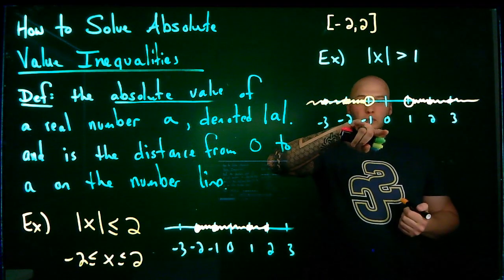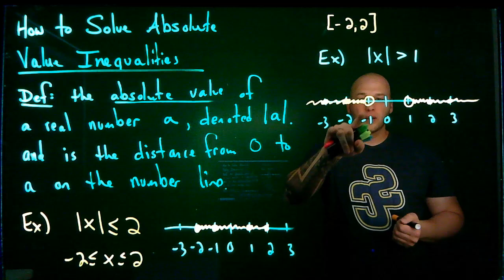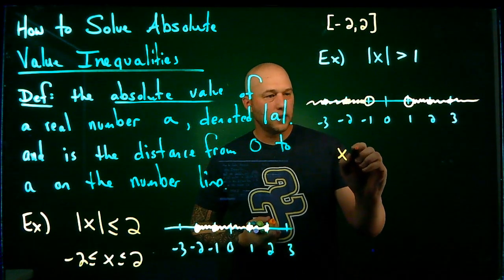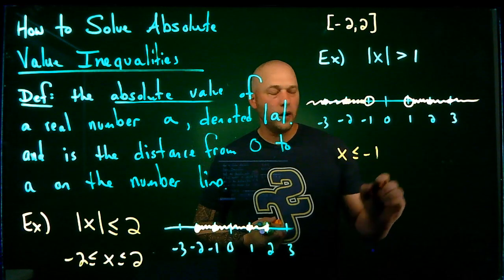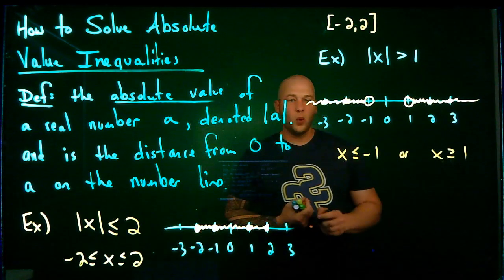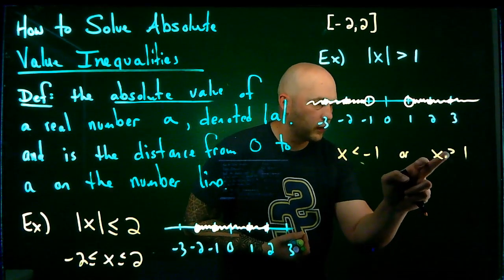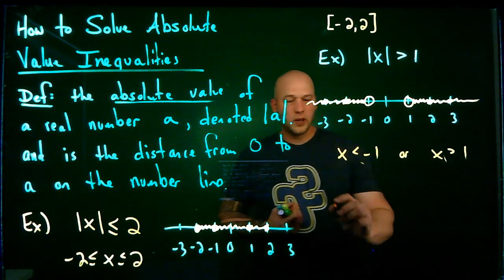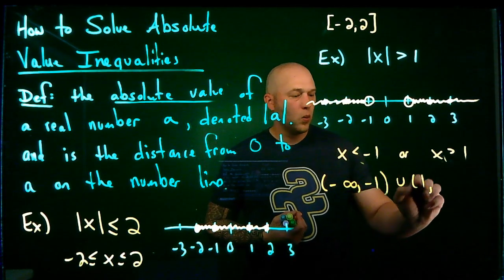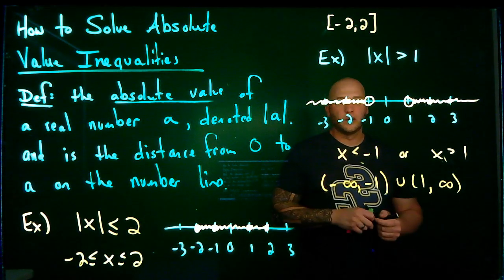Excuse me, between -1 and 1, those are all less than 1 unit away, so that's not part of the solution set, and therefore we get x is less than -1, or x is greater than 1, strictly less than, strictly greater than. If I write this in interval notation, I would get -infinity to -1, union 1 to infinity. And this would be my solution set in interval notation.